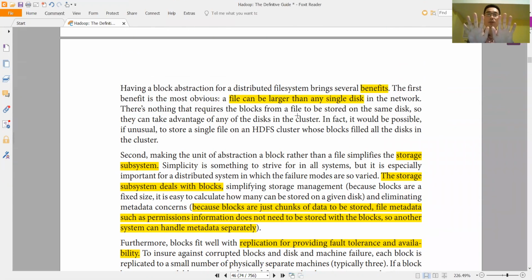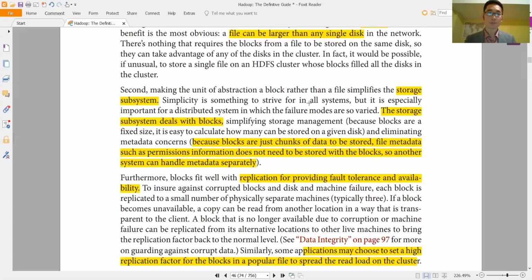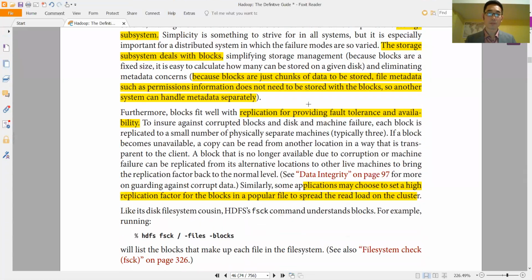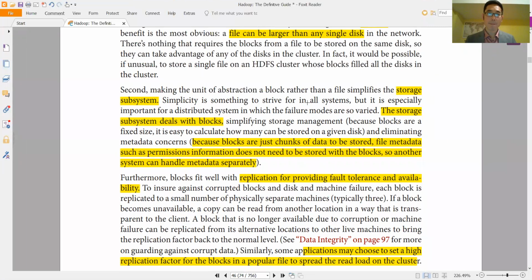When you have multiple disks, I can copy a block into another disk. That is replication. And the key here is that the block size in HDFS is much larger than the traditional block size in a personal computer. This is the block concept.